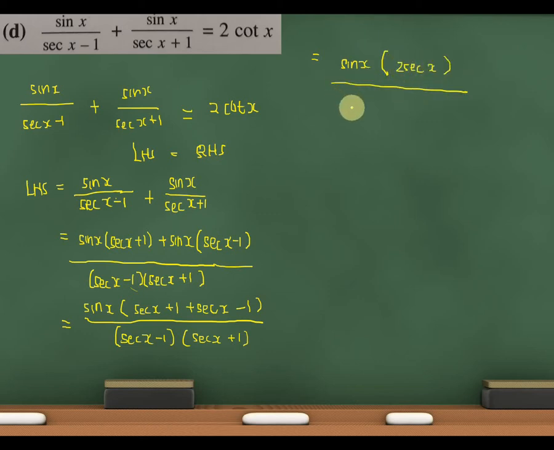Okay, here no need to panic. From here we can see that it's quite simplified, but we are still not getting the cotangent. So now we need to think of another way to get near cotangent.